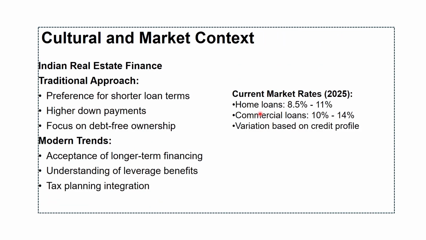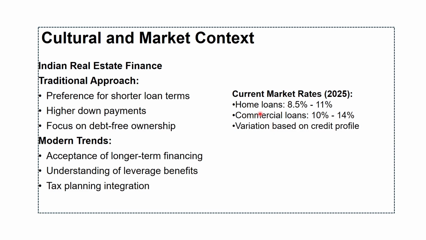So, cultural and market context. If we understand this difference, the traditional approach would be a preference for shorter loan terms, higher down payments, and a focus on debt free ownership, right.